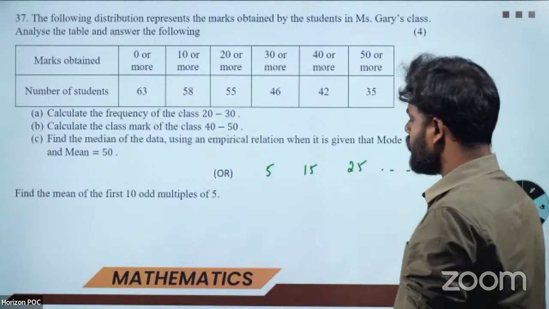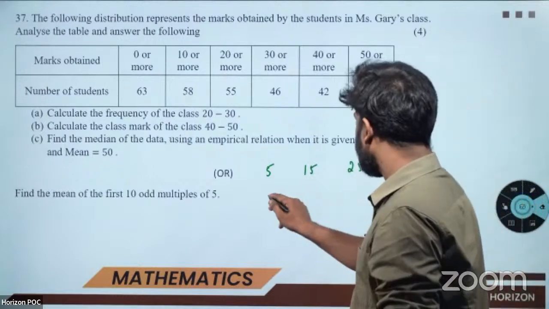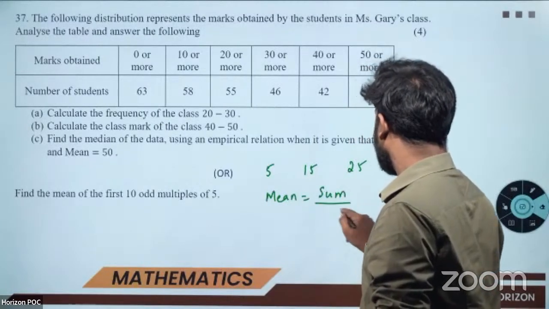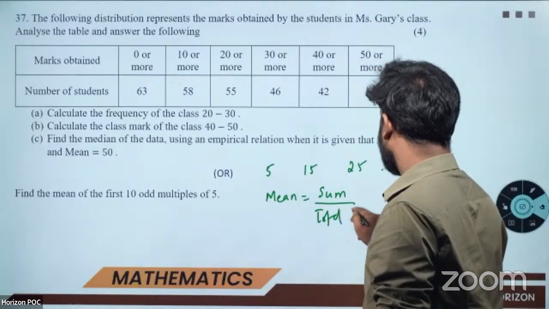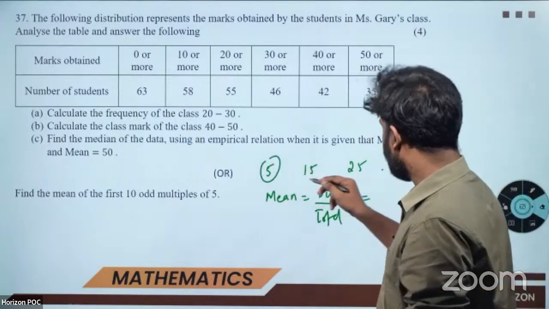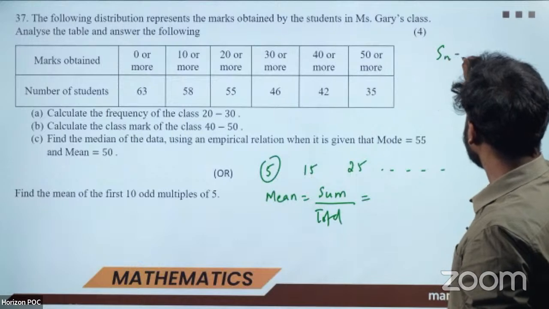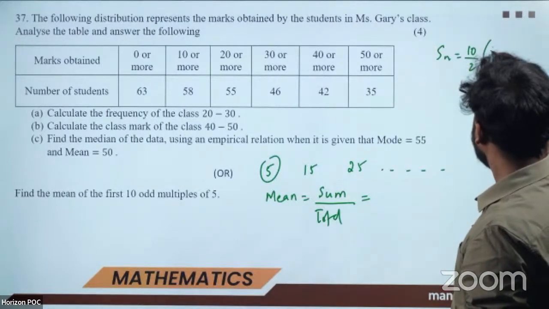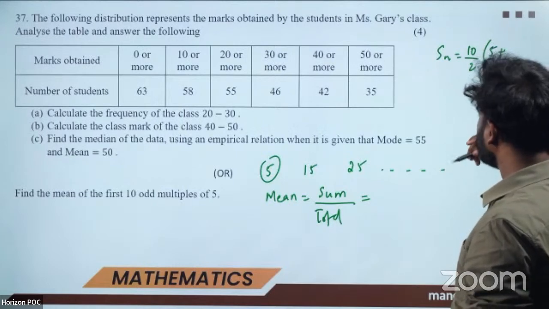So first will be 5, then you have 15, then you have 25, like that it goes. Okay. To find the mean, you need the sum divided by the total number of observations. What is the sum? You have 5, then 15, like that. So to find the sum, I'm taking n by 2. How many terms are there? 10. So 10 by 2 into (2a plus n minus 1 into d).